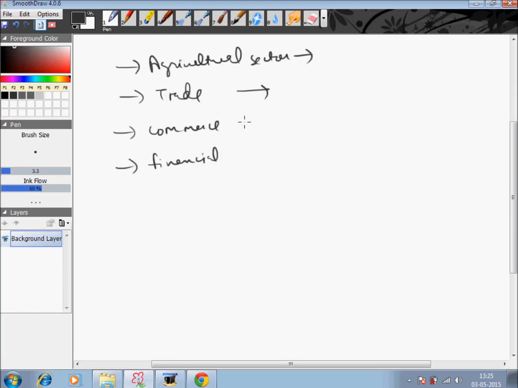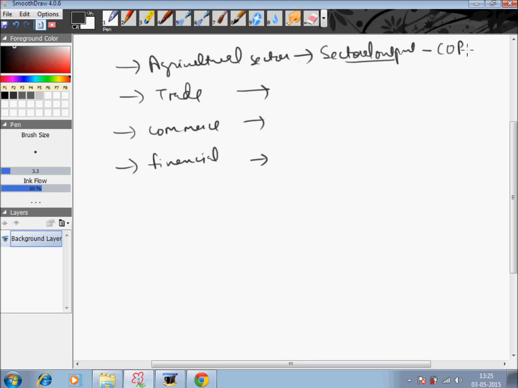For each sector, we get the gross output, the sectoral output, and out of this we also estimate for each sector the cost of production and the depreciation.